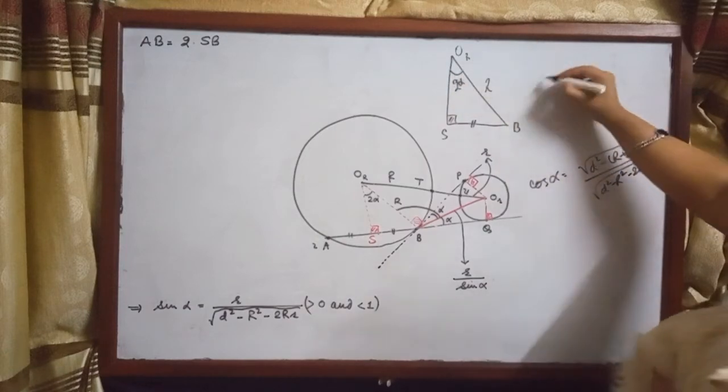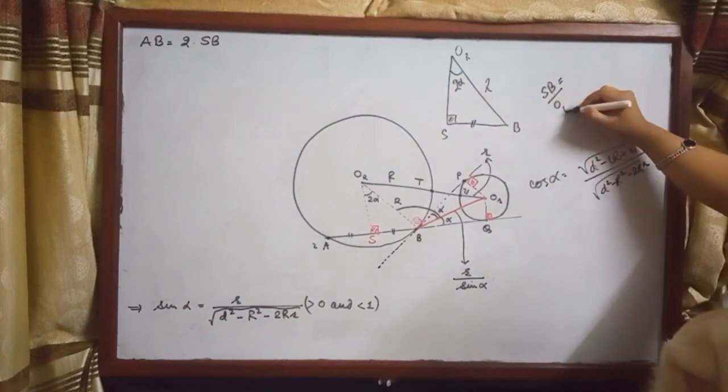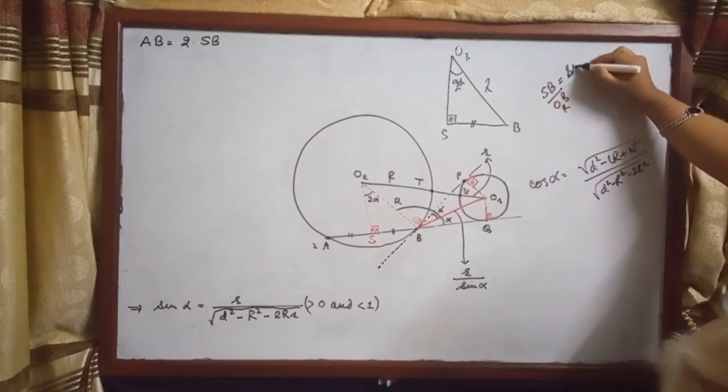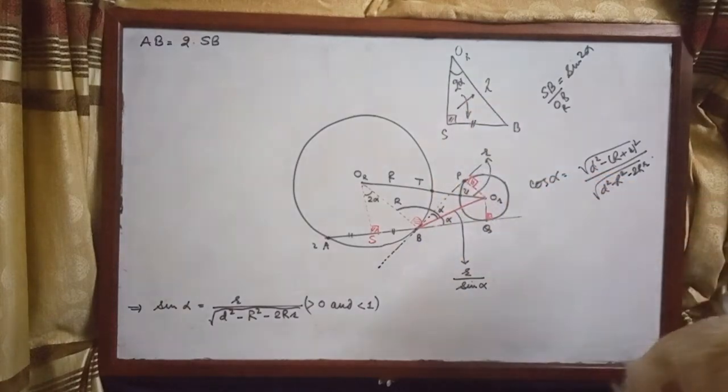So SB by OR, B is sine twice alpha, opposite side by hypotenuse.